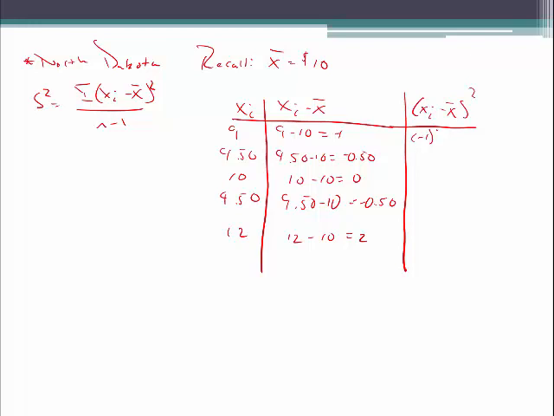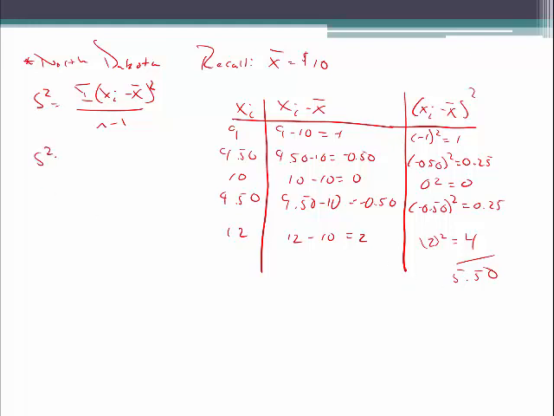So you get minus 1 squared gets me 1. Minus 0.50 squared gets me 0.25. 0 squared gets me 0. 0.50 squared gets me 0.25. And 2 squared gets me 4. If you were to sum these up, you get 5.50.